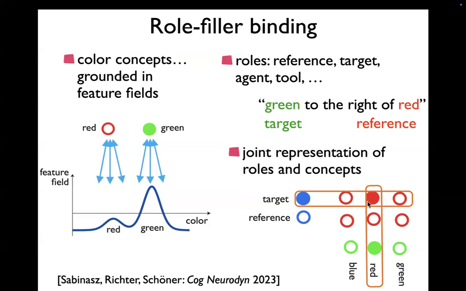And there are interference effects there where you could make misbindings, where you suddenly flip the role of target and reference. This often happens with these phrases when we use just very low-level concepts like the color concepts, and people get confused. Was red the target, or was it the reference?